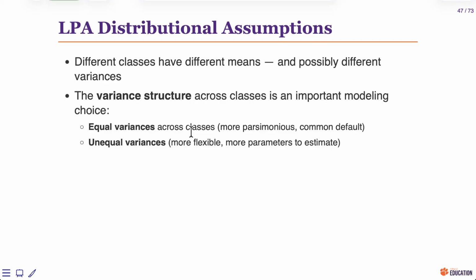It doesn't go well sometimes. So it's much more parsimonious, and it's commonly the default that we see. Although I much prefer the idea that classes don't have to have equal variances. They may have unequal variances. And again, what will determine which model you're using is in part model fit, right? Comparing models with different choices for variances, but also in part whether you can estimate a model with a given number of classes itself.